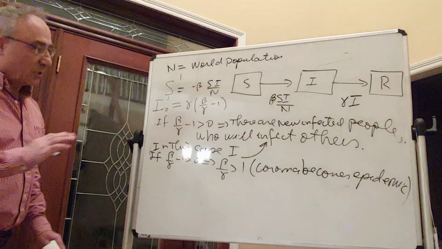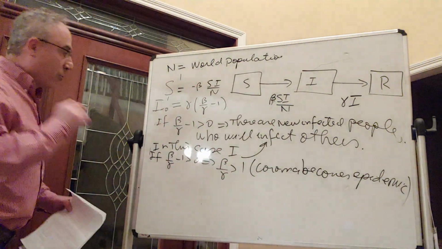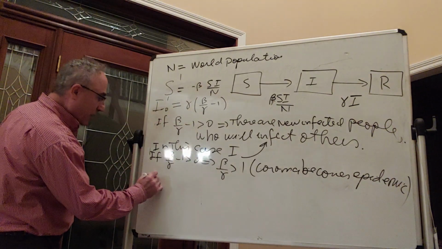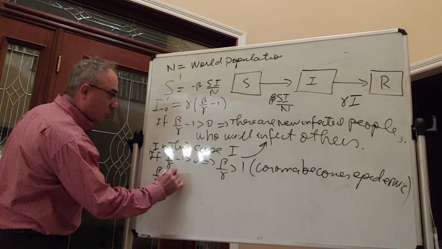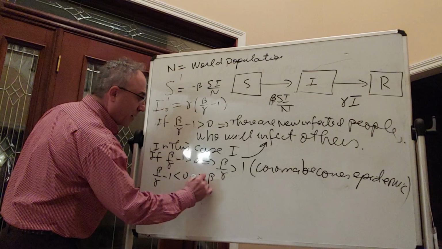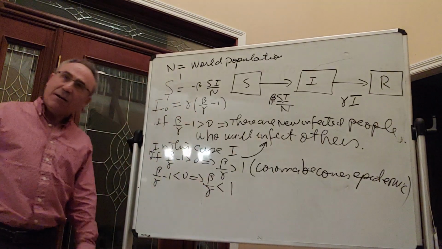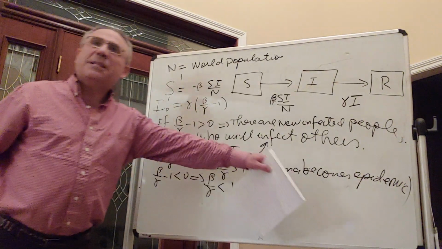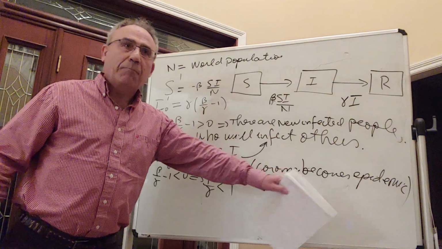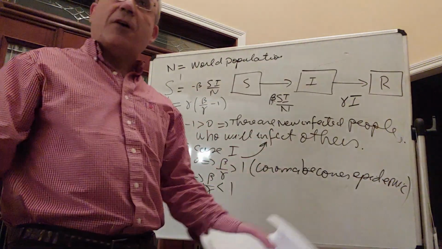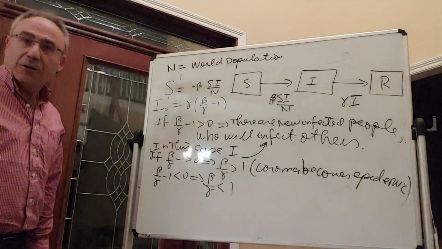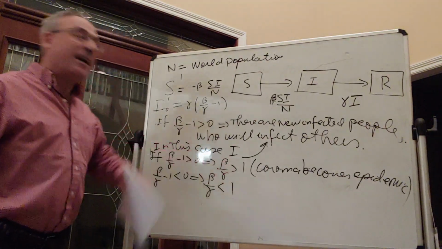That means it's something to worry about and we need to control. However, if beta over gamma minus 1 is less than 0, that means beta over gamma is less than 1, then it's not epidemic, no worry about it, people go on with their regular lives. So that number is beta over gamma.